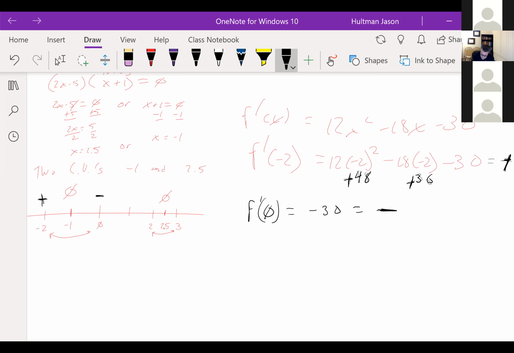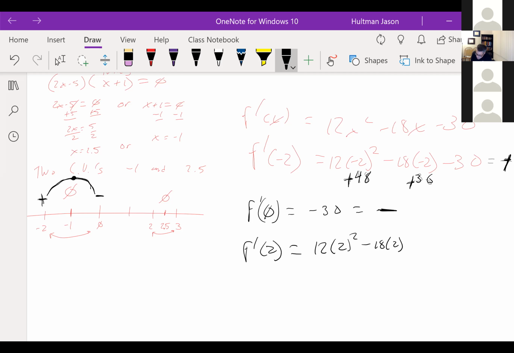So what do we see happen when we go from a positive slope to a negative slope? Didn't it look like this? It's a maximum, exactly. Now let's plug in f prime of 2. This is going to be 12 times 2 squared minus 18 times 2, minus 30.